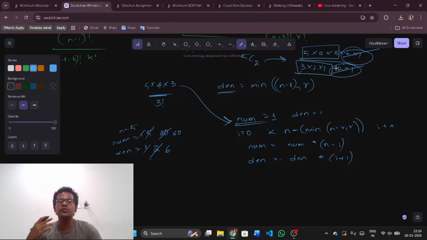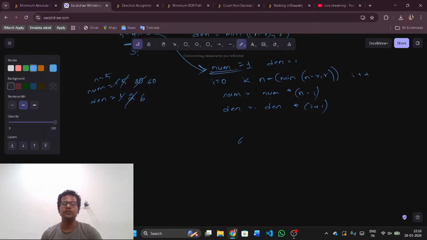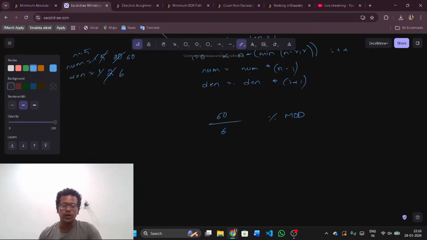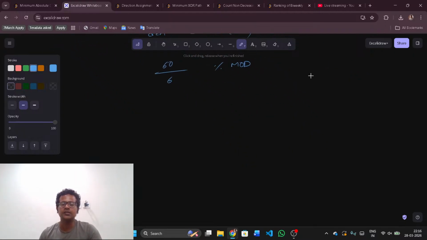But the problem is not even here. The problem comes with 60 by 6 and the modular operation. If I do this, I'll just get the wrong answer. I'll tell you why. 60 by 6 is 10. Imagine I did 10 mod 5, then I'll get 0 instead of 10.